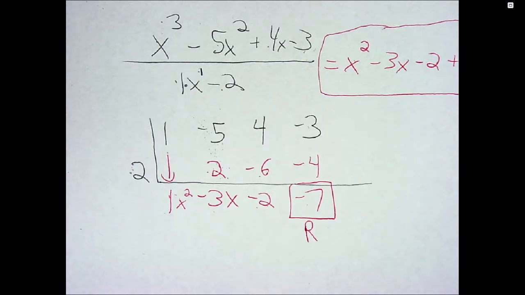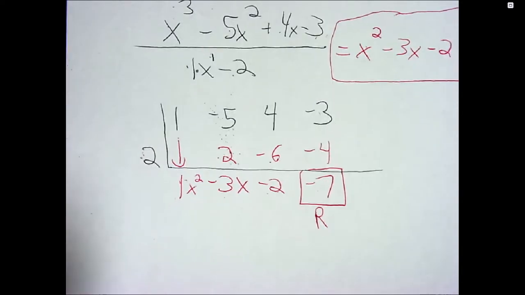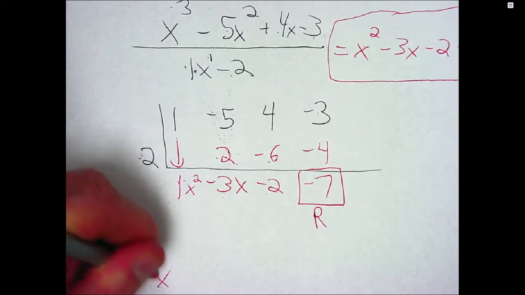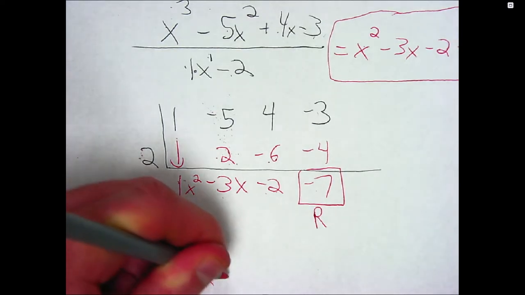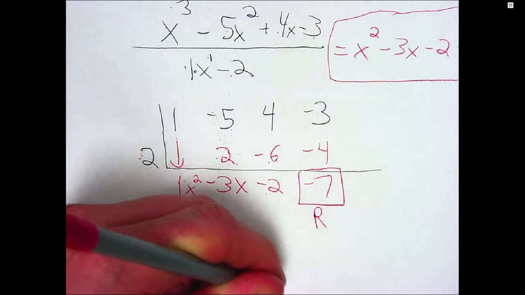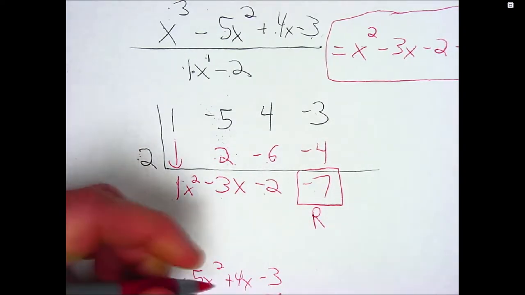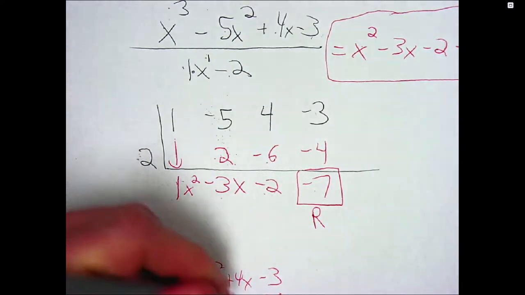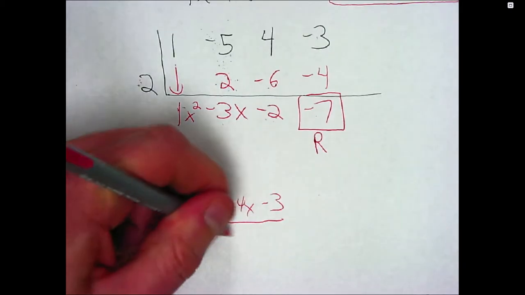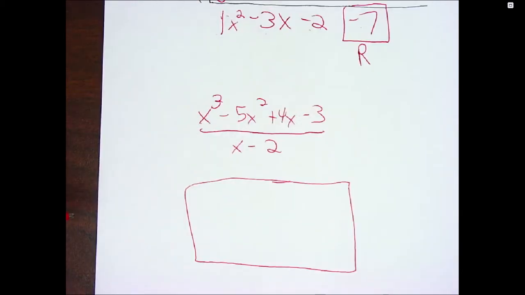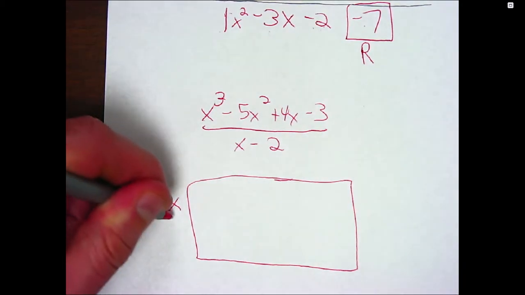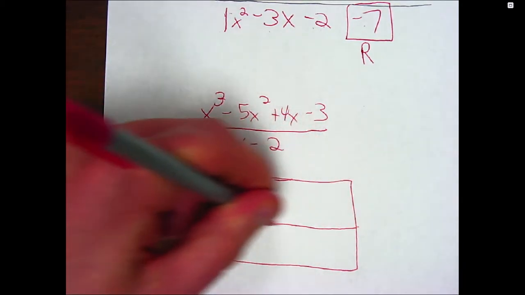So same problem, x cubed minus 5x squared plus 4x minus 3. So let me rewrite this so we can see it. We're going to divide by x minus 2. And so I'm going to set up a generic rectangle, and I know one of my factors is x minus 2.